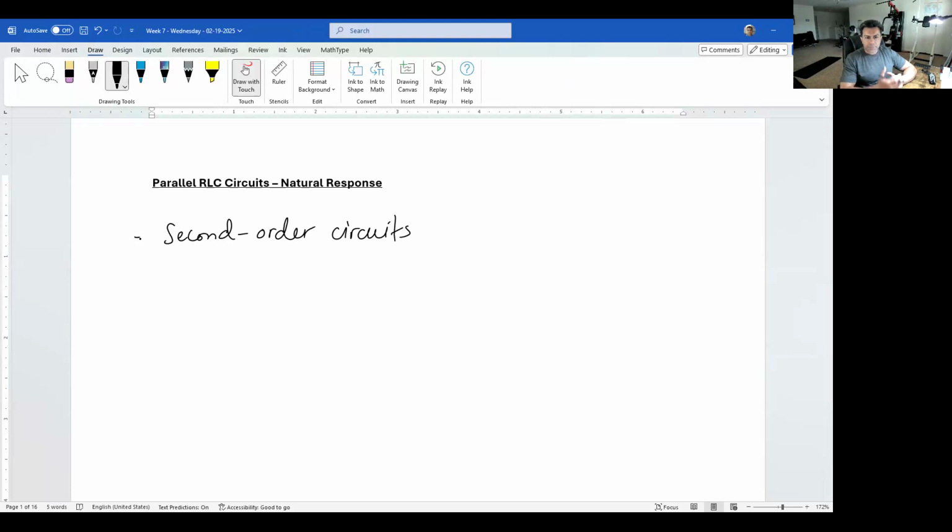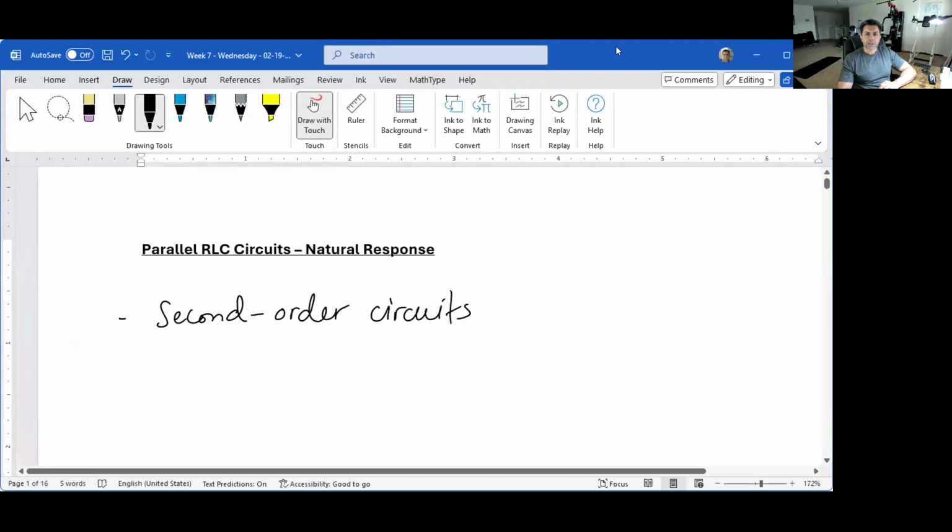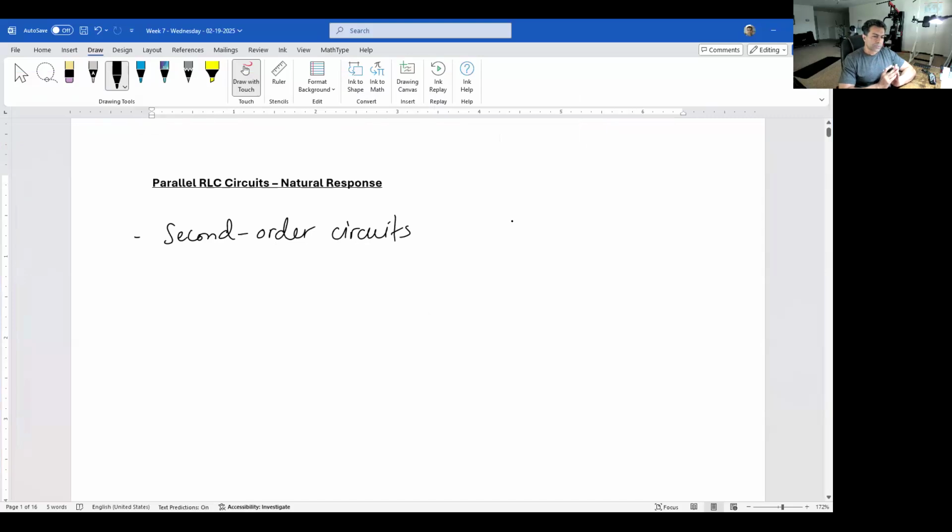And again, we have energy components, both inductor and capacitor. So they store energy and then they transfer energy. So the first circuits that we are going to be looking at will be the natural circuits. That is when the energy is stored in inductor and capacitor, and then you remove the source as we did with RL and RC circuit.